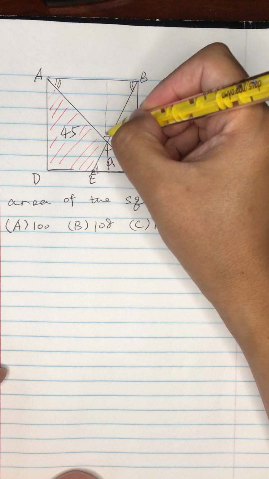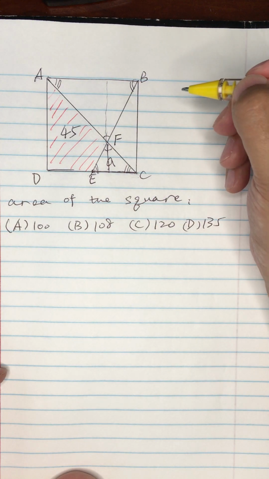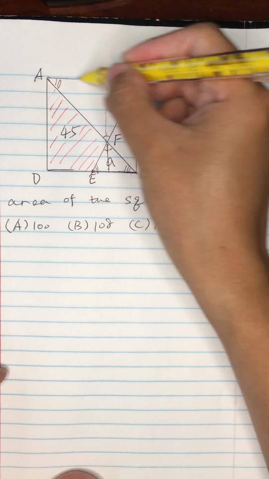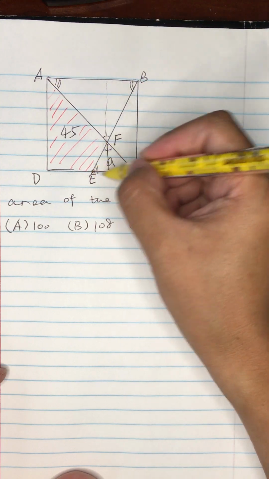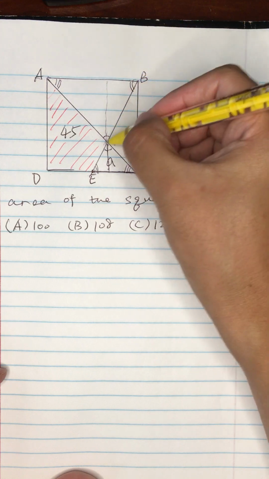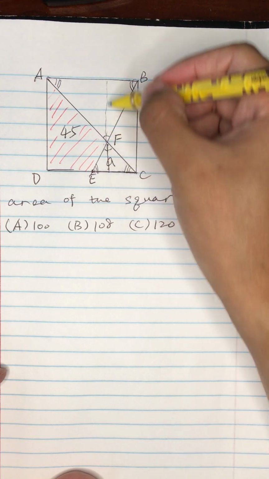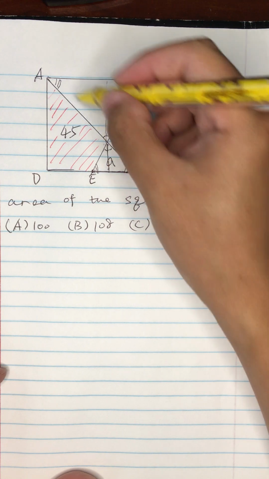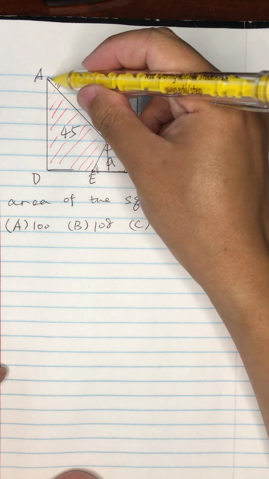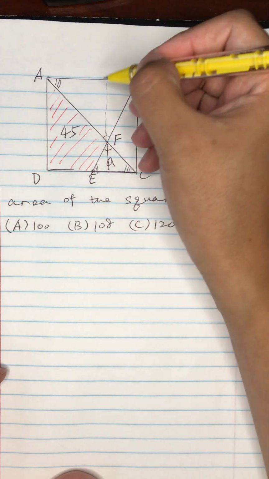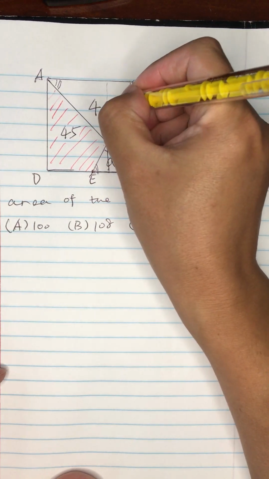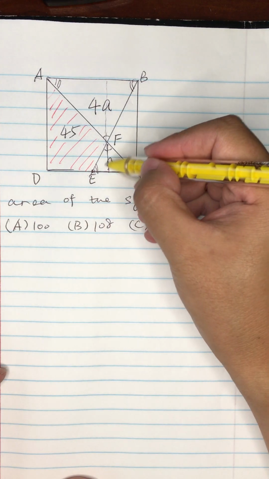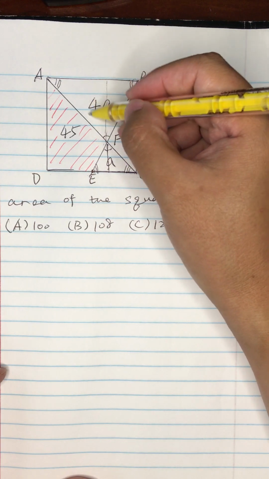So if the base of the smaller triangle is half of the base of the bigger triangle, and the height is also 1/2 of it, then the area is going to be a quarter of ABF. So if we denote this area as A, then the bigger triangle ABF is going to be 4A.